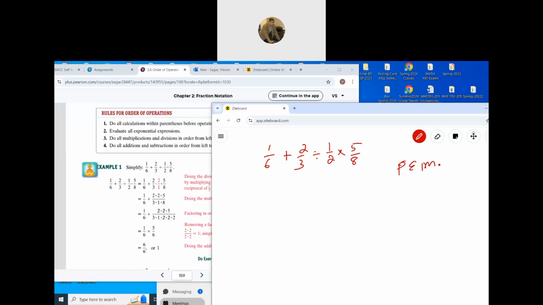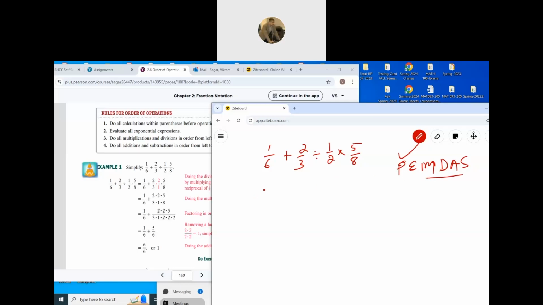So our formula was PEMDAS. Parenthesis, no. Exponent, no. Multiplication, yes. Division, yes. Addition, yes. Subtraction, yes, right? We only have these functions here.